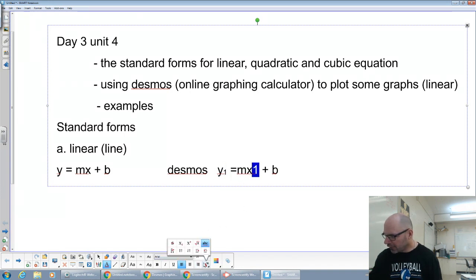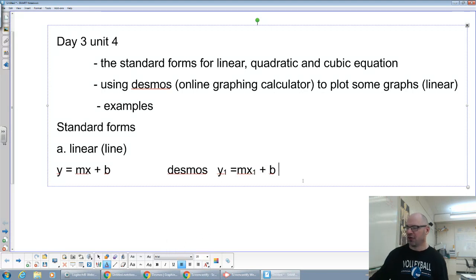And that's how we're going to write it in Desmos when we're trying to predict what the equation of the linear line is, okay? So that's what our linear line is going to look like when we use linear lines.